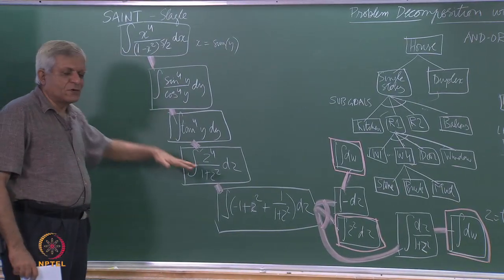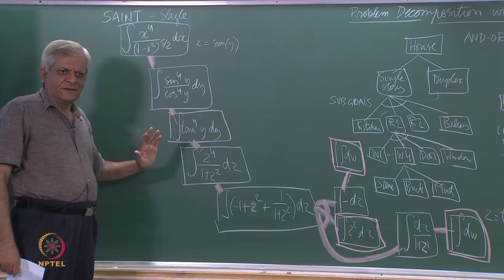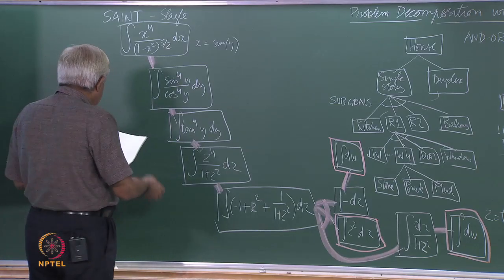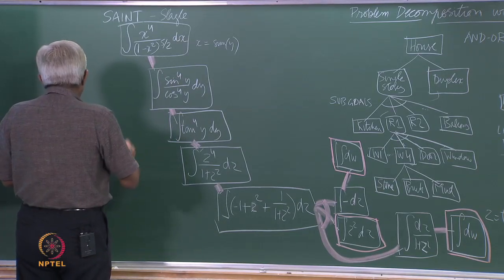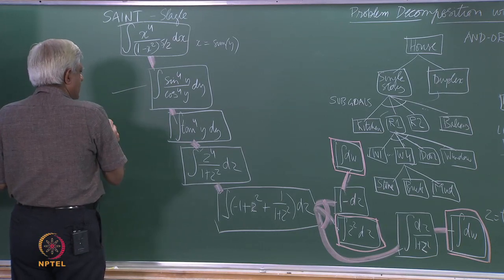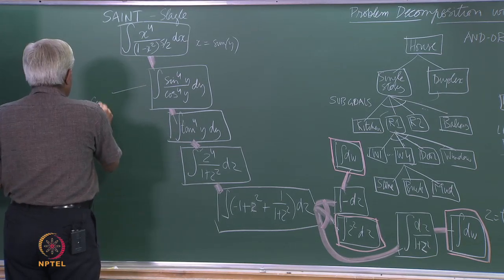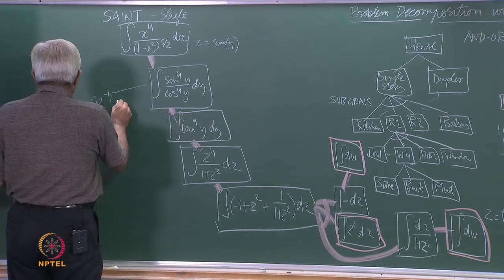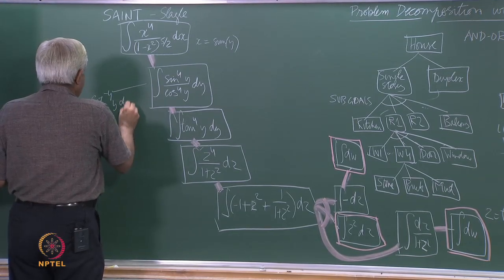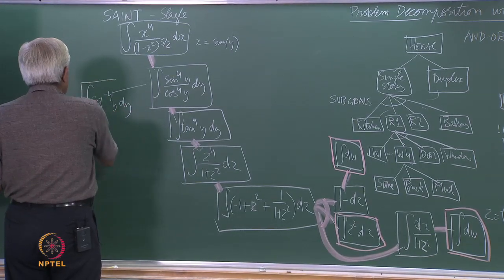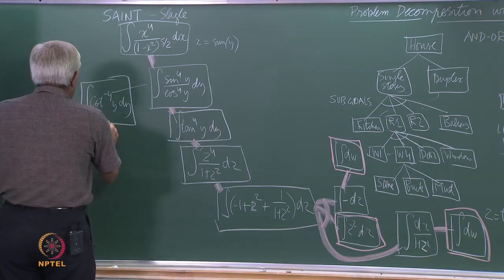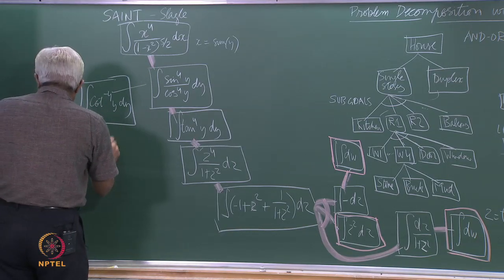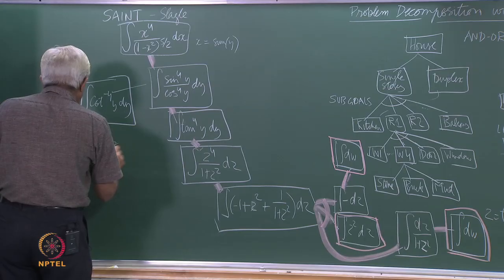But of course, this is not the only way of doing this, and there could have been other choices. So, for example, you could have said that transform this to cot minus 4 y dy and transform this into something else dx.